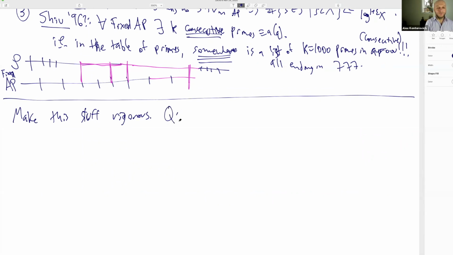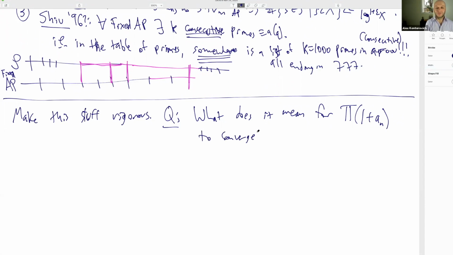So here's a question. What does it even mean for a product of things to converge? And it's convenient to normalize things by saying the product of 1 plus a_n converges. Well, what should it mean?